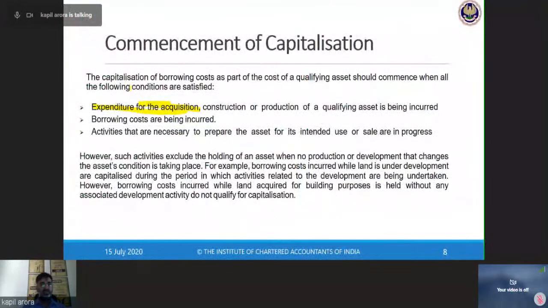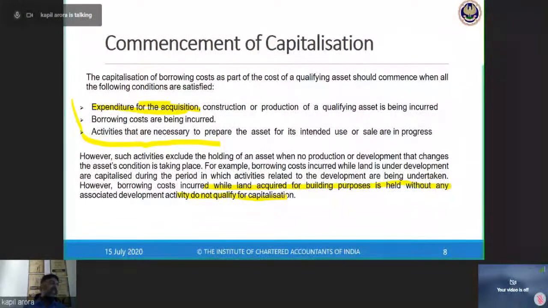So it says, if these three criteria are satisfied, only then we will do that. However, borrowing cost incurred while land acquired for building is held without any associated development does not qualify for capitalization. I have acquired the land, but I am not doing anything.